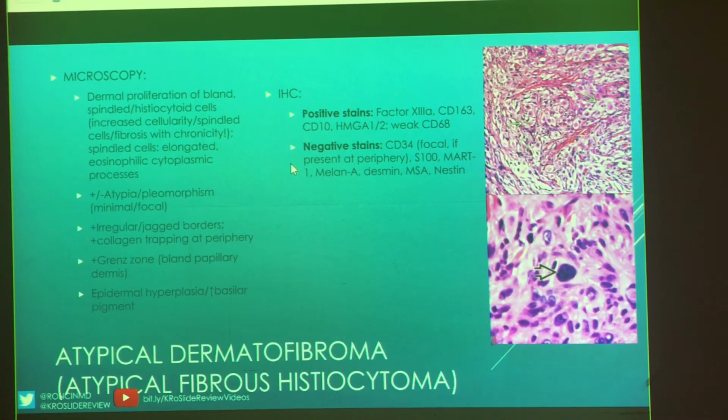S100, MART1, melanin, desmin, MSA, so muscle-specific actin, and nestin would all be negative for dermatofibroma. So again, if you were thinking, hey, is this melanoma, your melanoma stains should be negative.